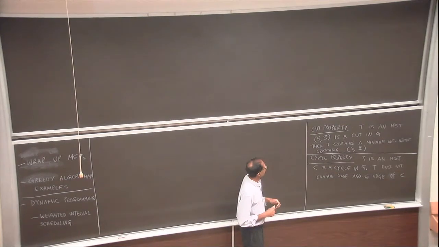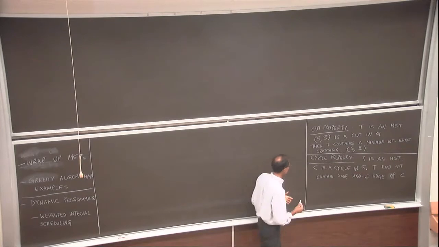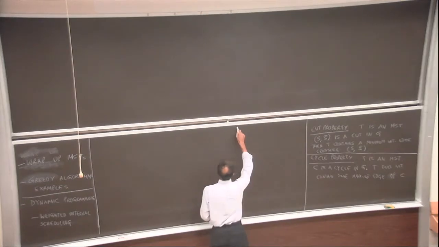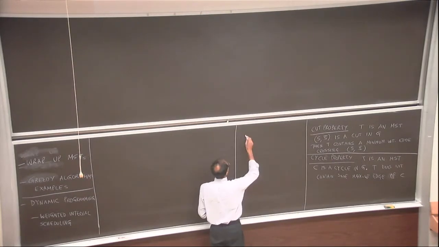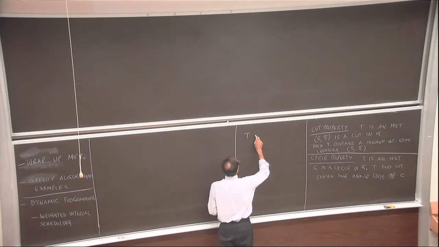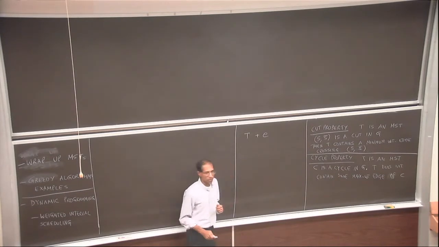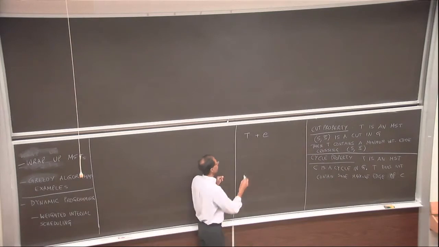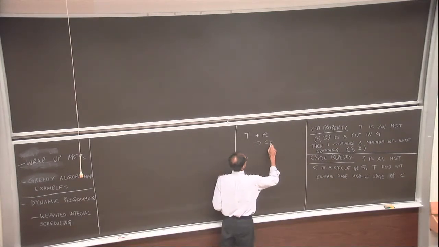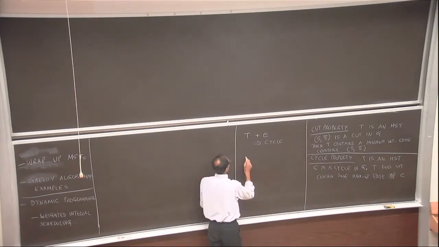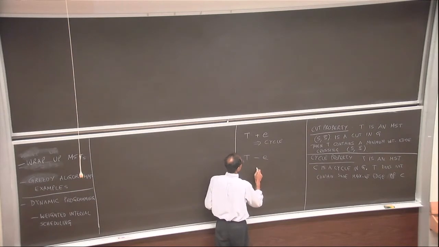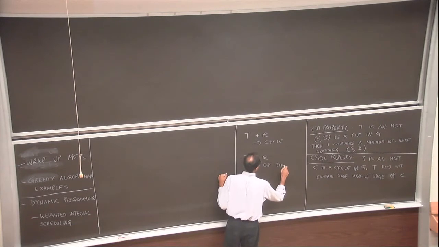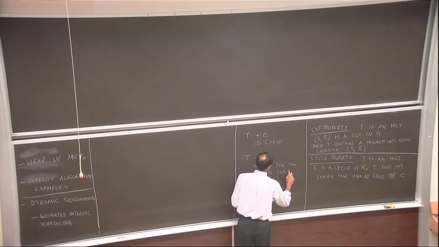The other thing you should always keep in mind is that if you have a tree and you add an edge, you get a cycle. If you have a tree and you remove an edge, you basically cut the tree into two parts.